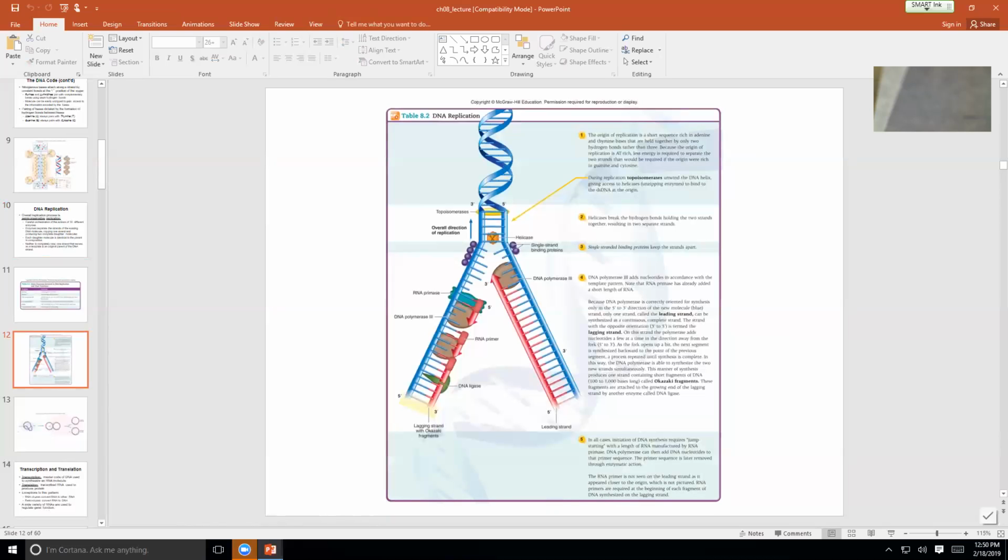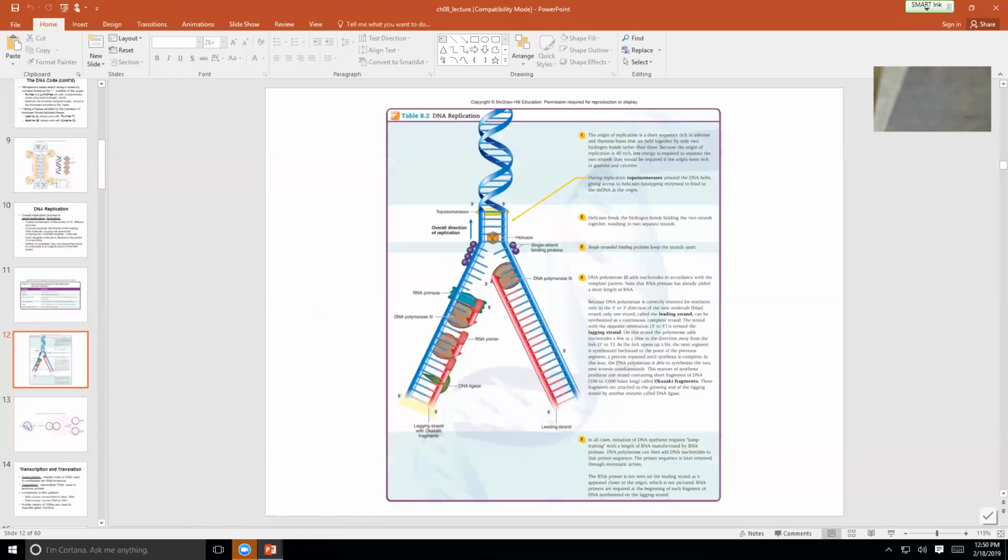So this is how I want you to think about when you think about a cell needing to undergo mitosis. What is mitosis? Cell division. And is mitosis a type of cloning? Yes. Cloning simply means making a copy of yourself.